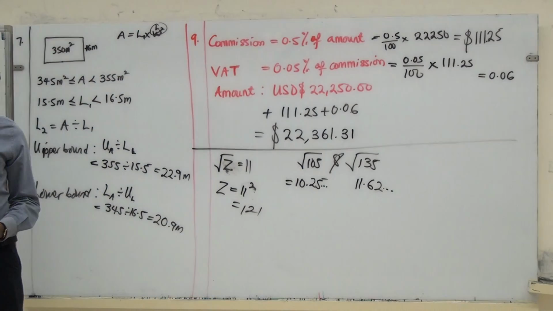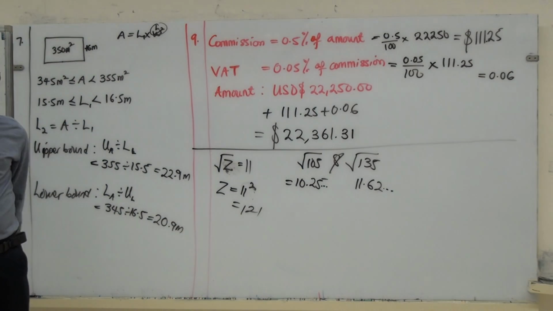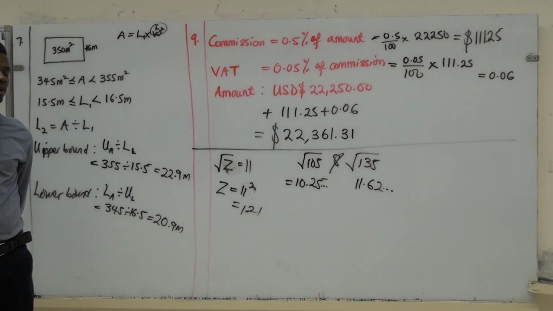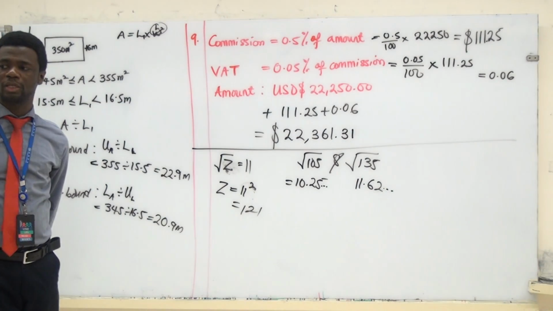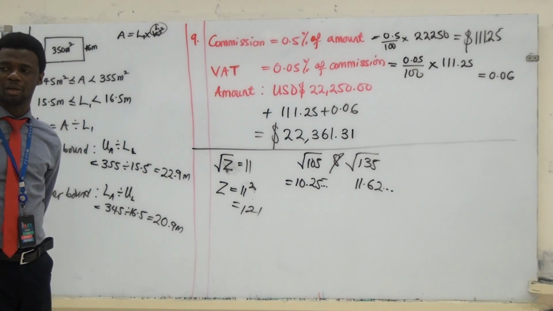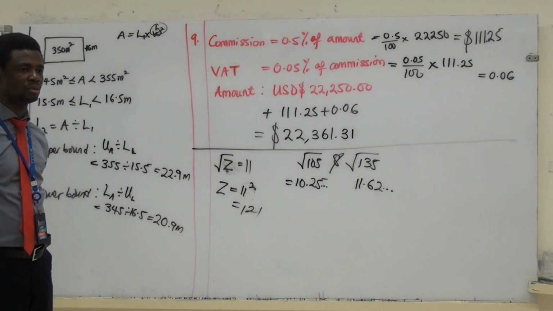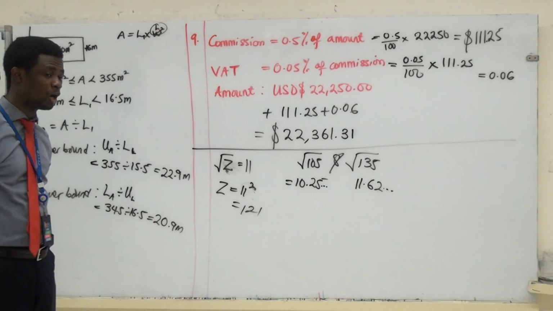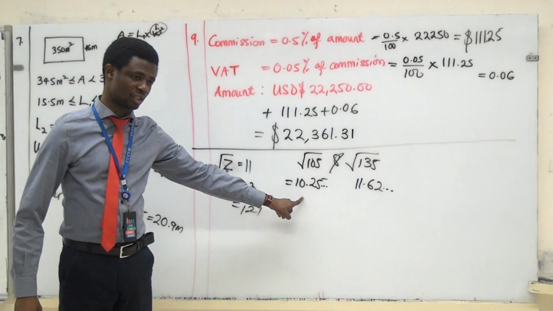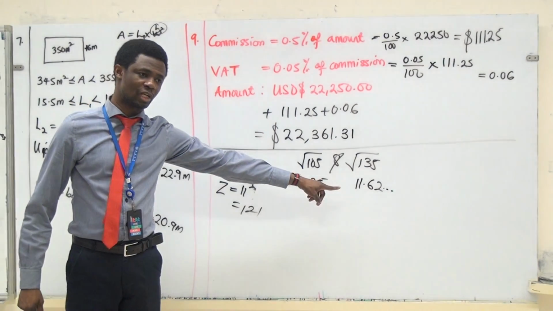So what are rational numbers again? They can be written as a fraction. Irrational is the one that cannot be written as a fraction.